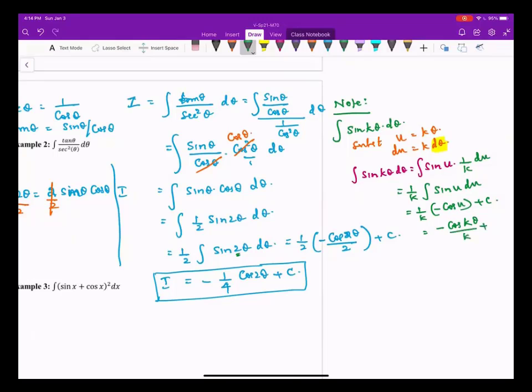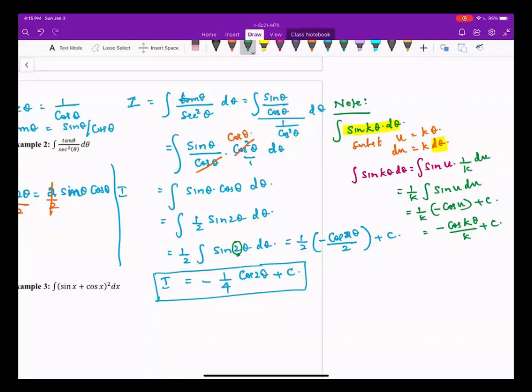over k plus c. So whenever you integrate sine of k theta, sine of some number times theta, it is negative cosine of that number times theta divided by that number. Whatever the coefficient of theta is, that comes in the denominator. Here in our problem, the number in front of theta is 2.